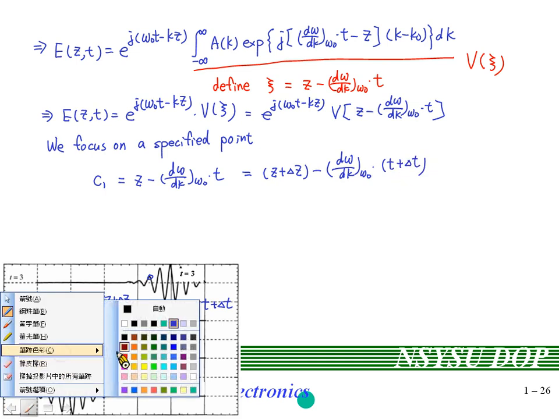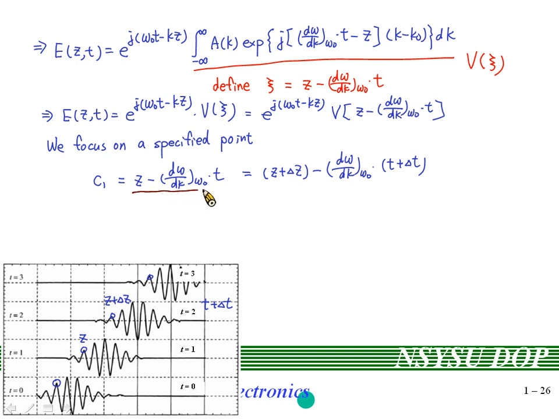Okay, the first expression means at time t and position z, and the second is the condition at time t plus delta t, position z plus delta z. Both these two situations correspond to the value of psi equal to psi 1, so they are equal to each other.